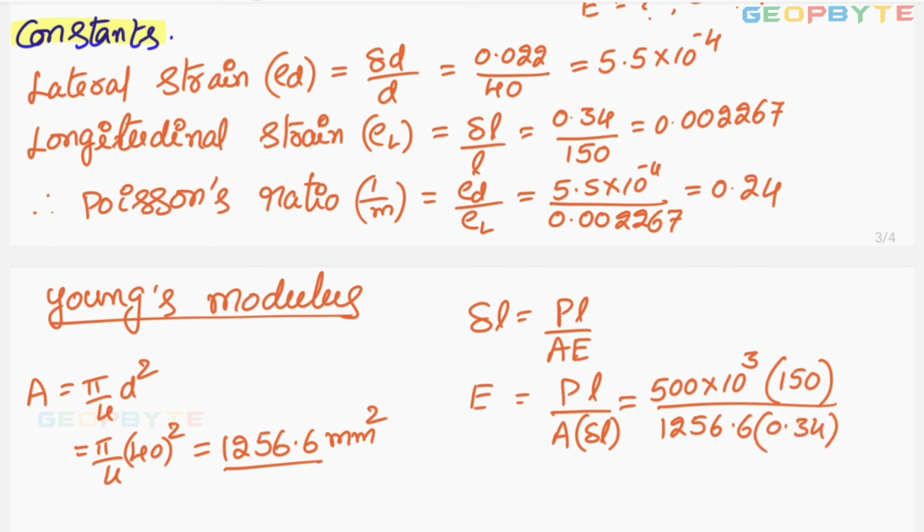You simplify this value to get around 1.75 into 10 raised 5 Newton per millimeter square.